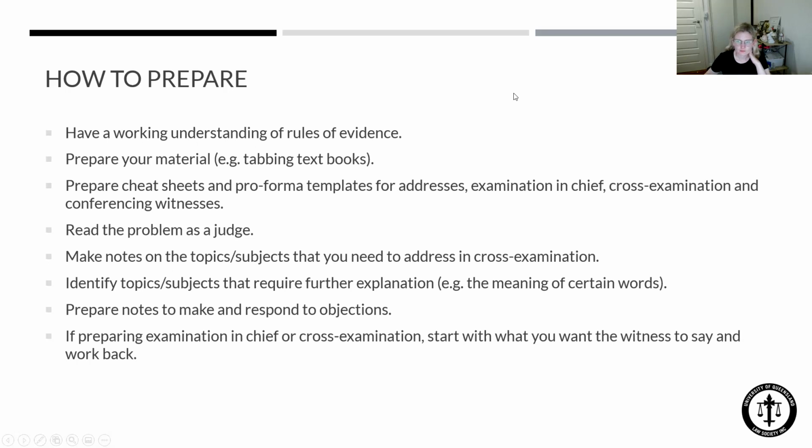That way, you can get as much of that sort of incidental prep work out of the way as soon as possible. You can, to some extent, do it for examination in chief and cross-examination, but it's perhaps not as formulaic.